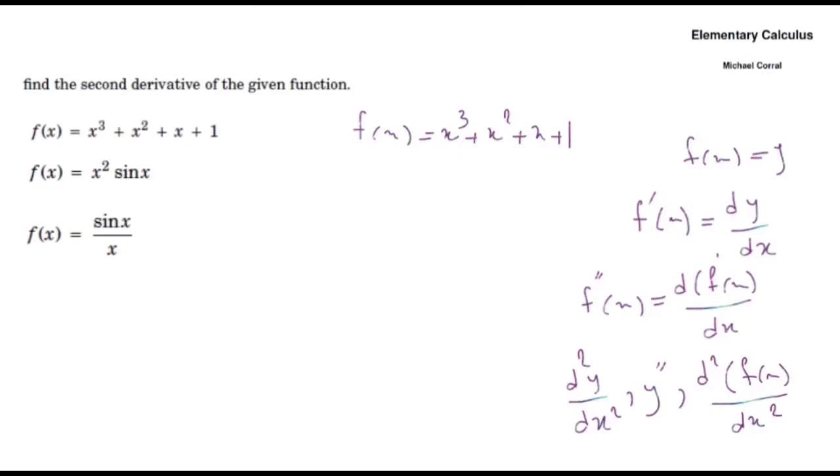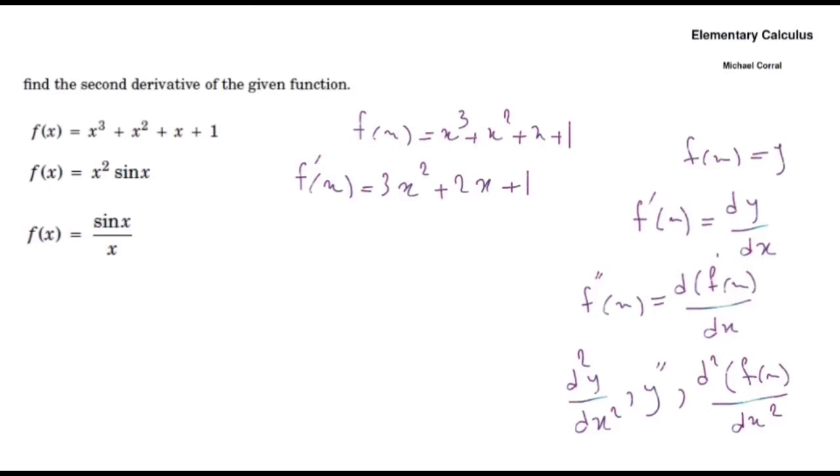So in this function, firstly we find the f prime x, or the first derivative of f(x). f prime x equals, this function is a polynomial, so the derivative of x cubed is 3x squared plus 2x plus 1, and I used the power rule for solving this derivative.